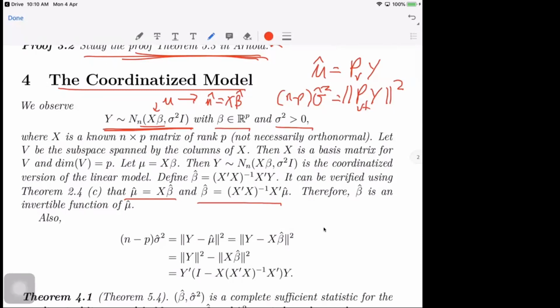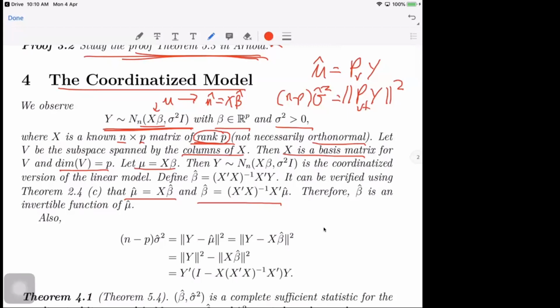X is a known n by p matrix of rank p. So take the rank to be p, the minimum between n and p, not necessarily orthonormal. So let V be the subspace spanned by the columns of X. Then X is a basis matrix. And since X is of rank p, the dimension of V, since X is a basis matrix, will be equal to p.